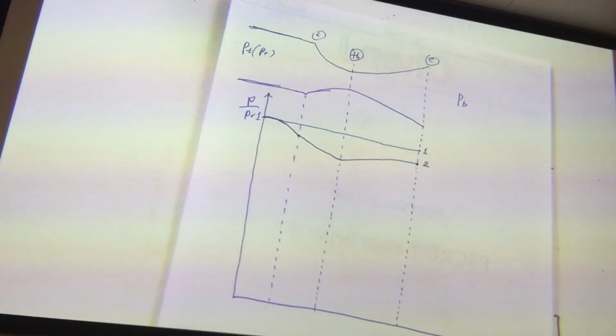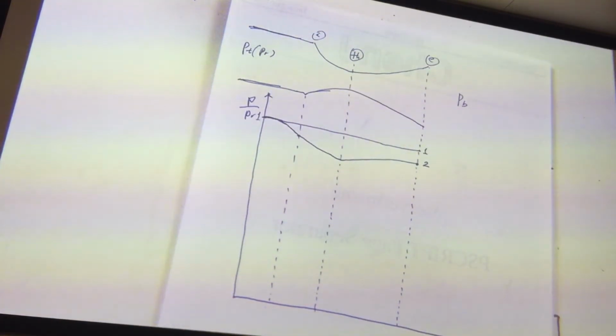So your pressure would decrease in the convergent section, and would increase after it reaches the throat. But remember, this pressure we are talking about is static pressure, right? Because for an isentropic flow, your stagnation pressure will not change throughout the whole nozzle.